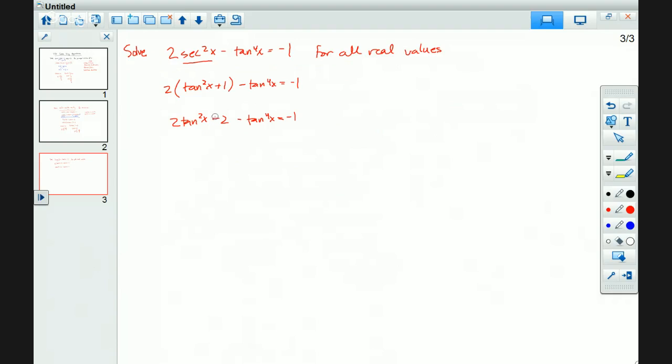Yes, it should, because I can multiply. I'm a math teacher, and I like to write these in order. And then bring that across, so plus 3 equals 0.